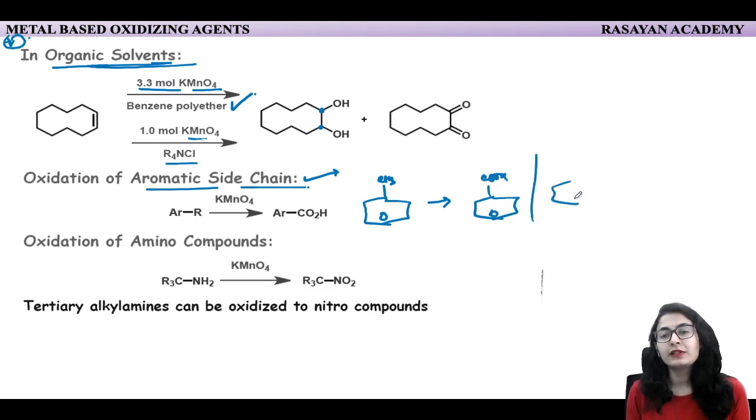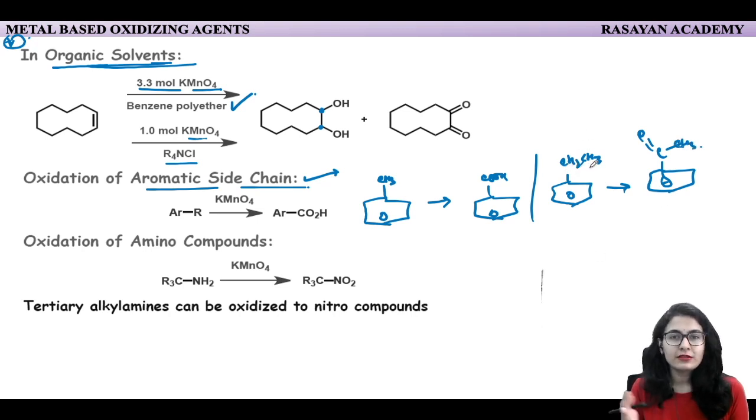All right, and if you are starting with, yeah, you have seen this application, isn't it? When we were studying the basics of KMnO4 oxidation, then only we have studied this one. Then you are going to get a ketone, and if there is only one CH, तो obviously oxidation नहीं होगा, ठीक है?